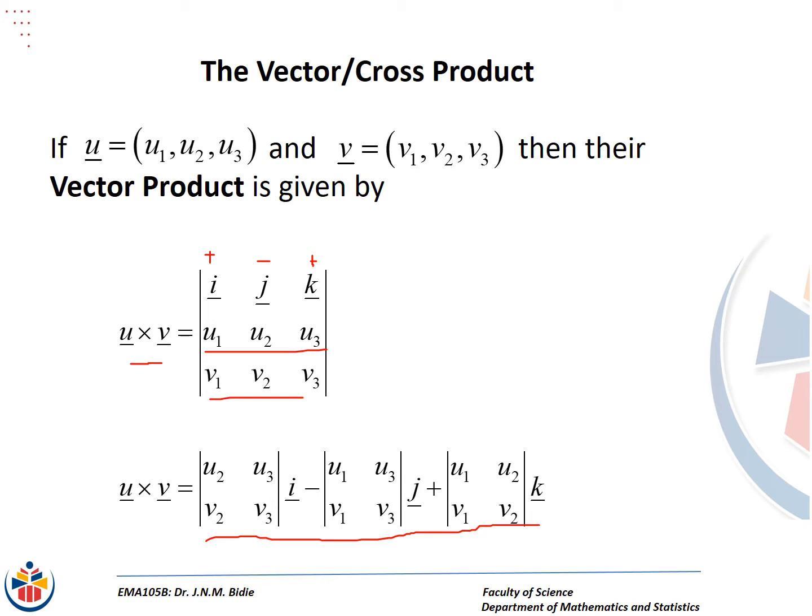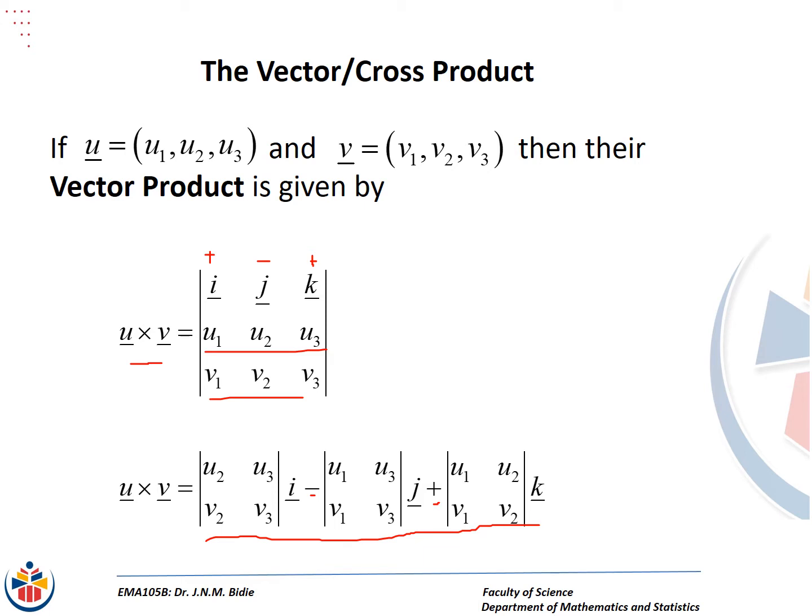So our cofactor is minus 1 to the power i plus j. i is 1, j is 2. So that means it's negative 1 to the power 3. That is why we have a negative there, multiplying our j, which we took out from the second column. And then delete the second column and the first row, and we are left with u1, v1, and u3, v3.